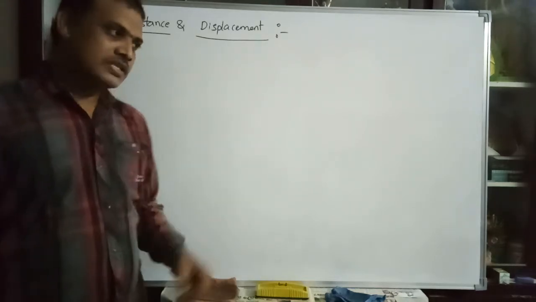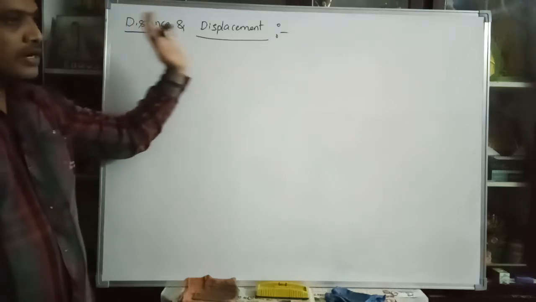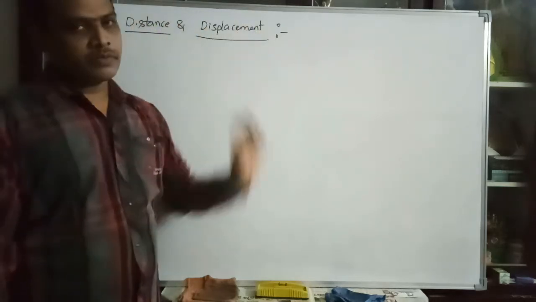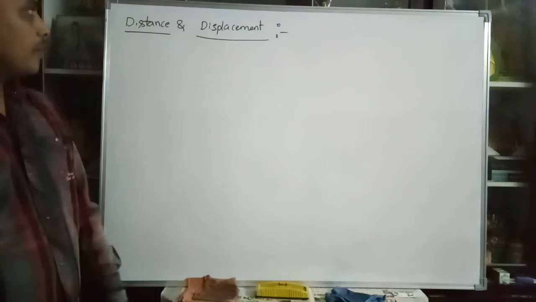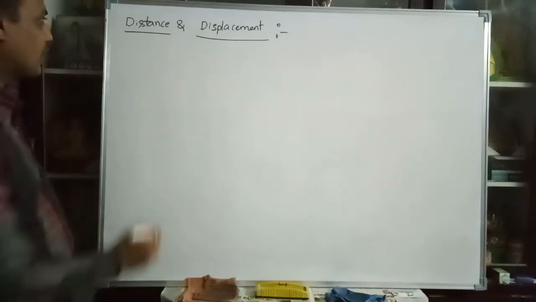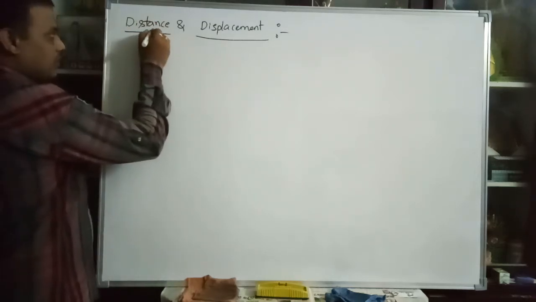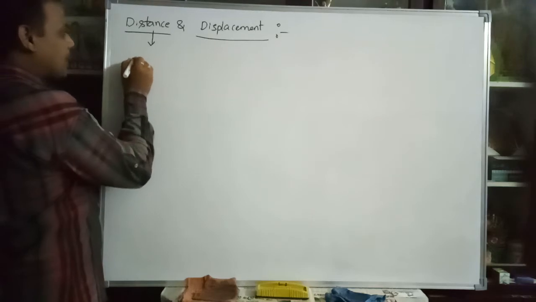But in the physics sense, distance is completely different from displacement. So according to physics, we explain distance and displacement. What is distance? Distance is simply called path length.